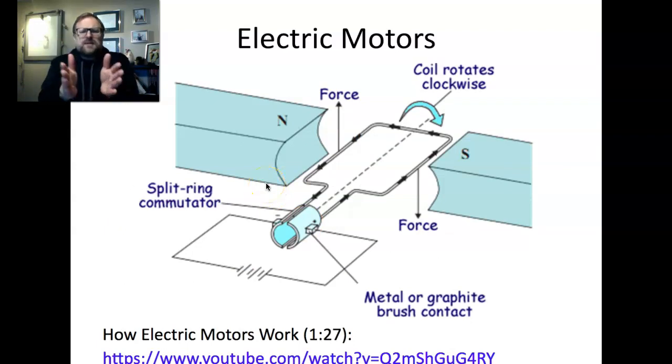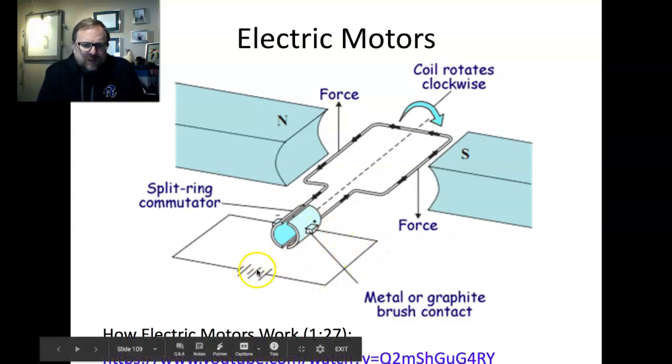So this here is a very, very simple electric motor. I'm going to break this down a little bit. This right here with the arrows on it is our coil. This is our electromagnet. If you follow the circuit here, it's hooked up to a battery, a power source of some sort.